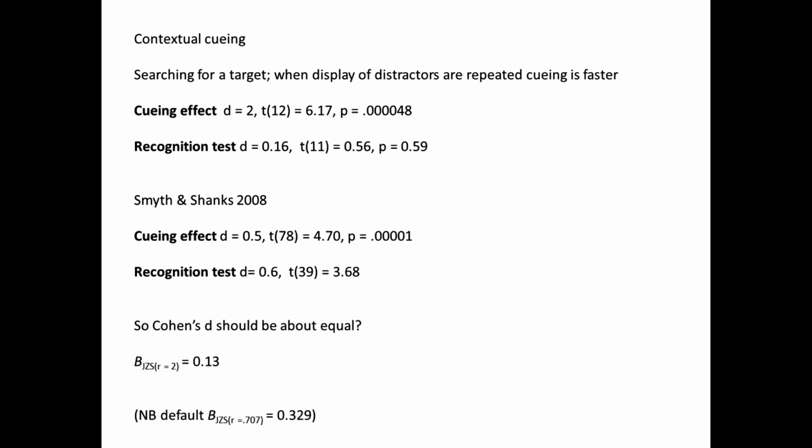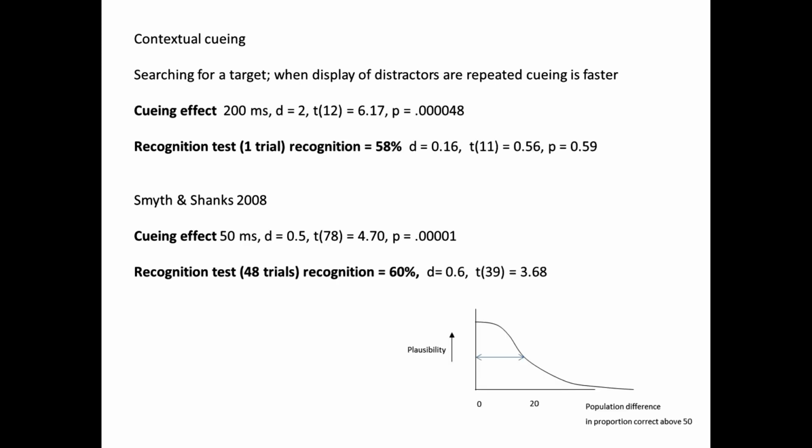But there's a problem here, and I'll illustrate the problem by telling you something that you didn't know, which is the number of trials. On this original recognition test, there was 1 trial. In this Smith and Shank study, there were 48 trials, and the performance was 60% in terms of raw scores, not Cohen's d. And the performance here was about 60% in raw scores.